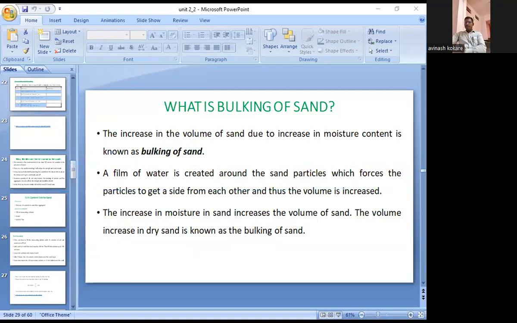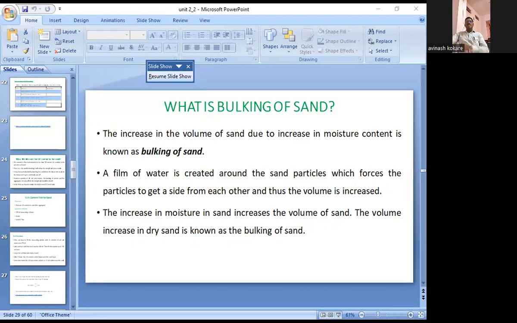Now again, the bulking of sand depends on the quantity of moisture in the sand, and also on the size of the particles. How much is the size of the sand particle, and how much percentage of moisture is present in the sand.